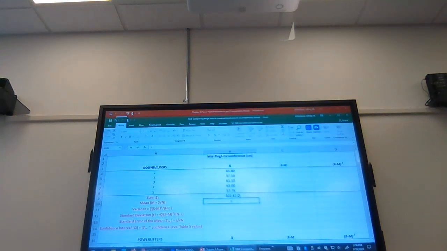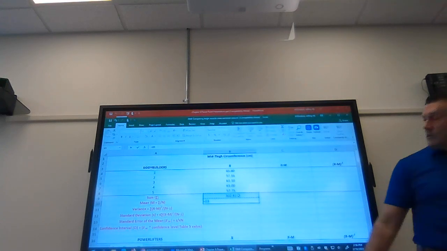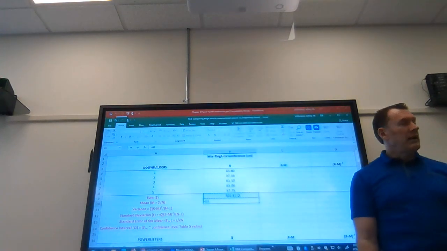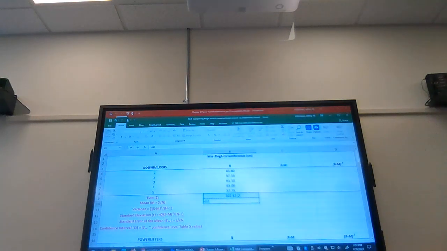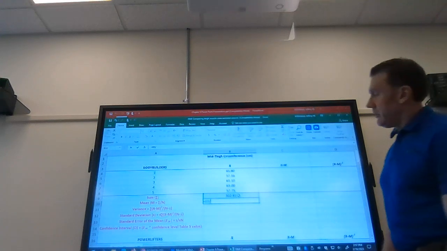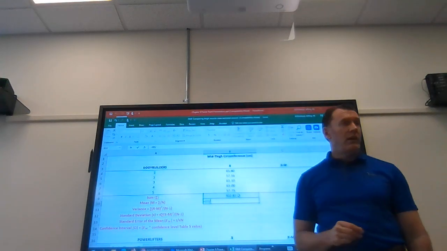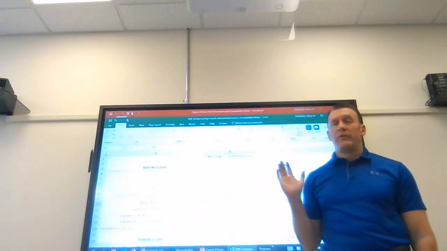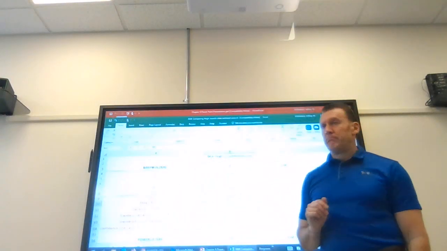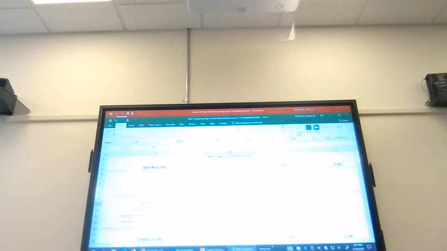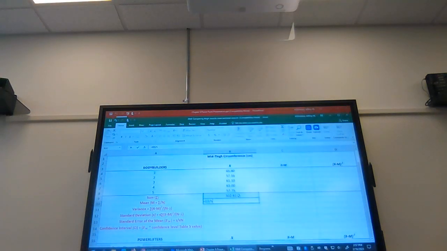You can either type it in, but highlighting it is easier. So all I'm doing is highlighting that one. You can then go divided by, and then all you need to type in is 5, because you've got 5 scores. Just like that.